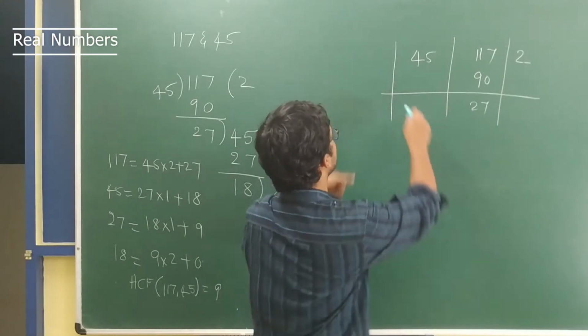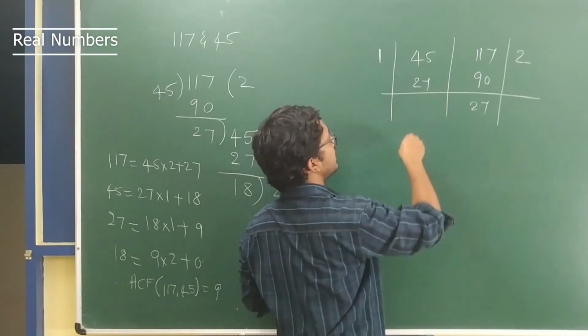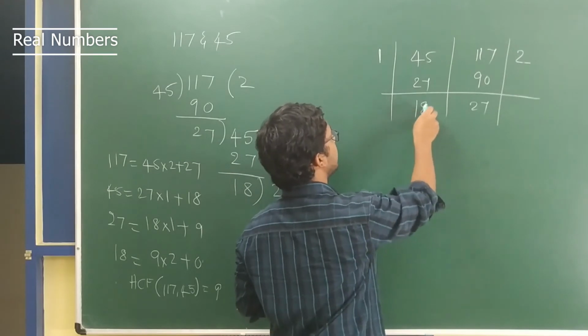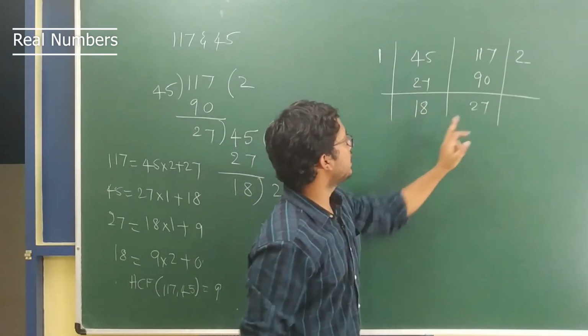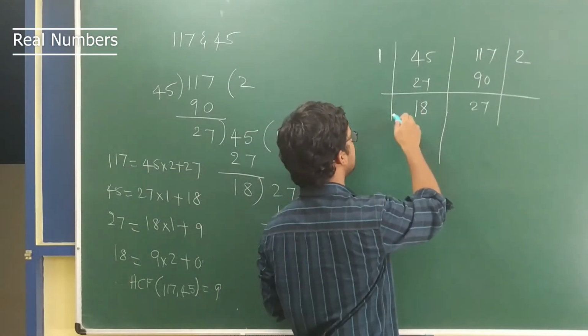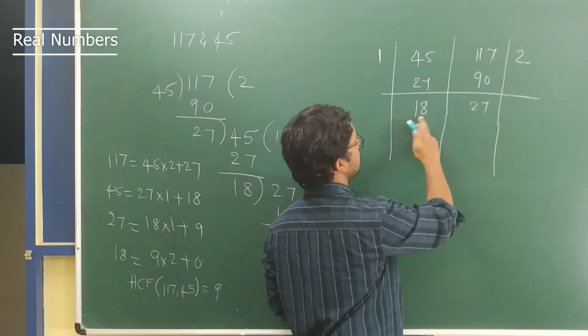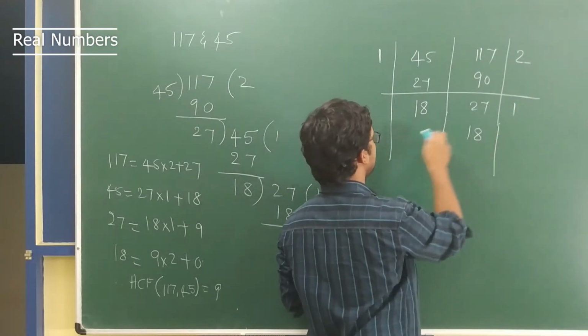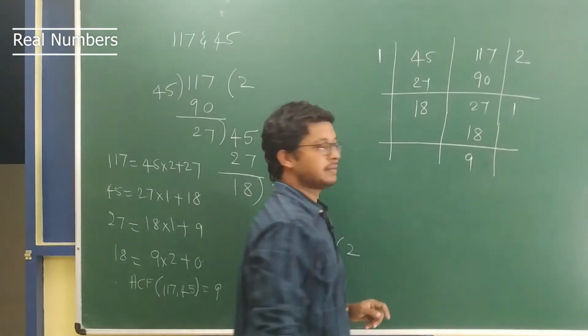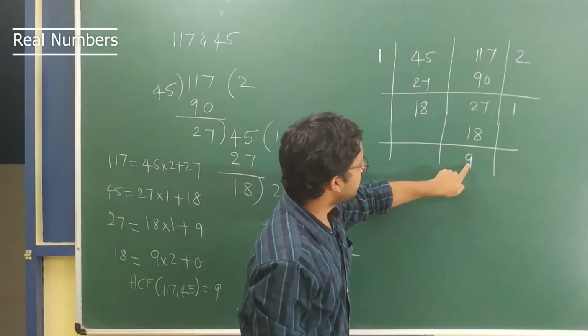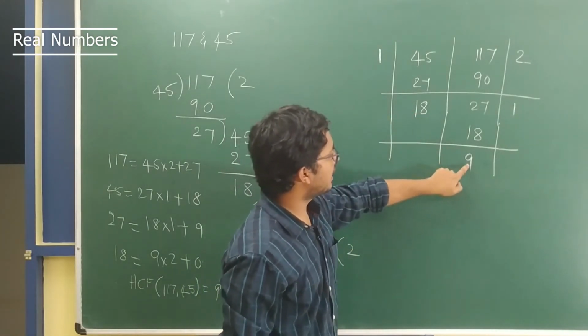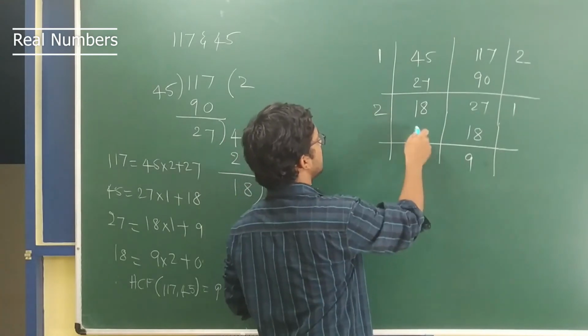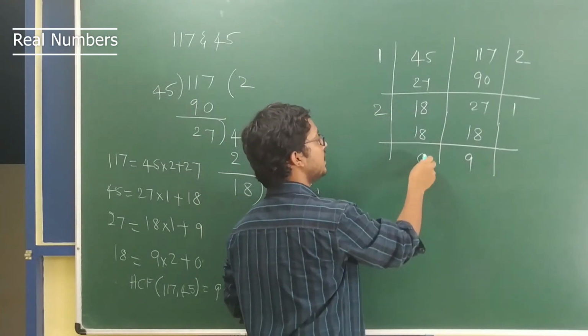So 27 1s are 27, 18 remained. Now we got 18 and 27. Again express 27 in terms of 18. So 18 1s are 18, so 9 remains. Correct. Now since the remainder is still not 0, we take 18 and 9. So 9 2s are 18 and the remainder is 0.